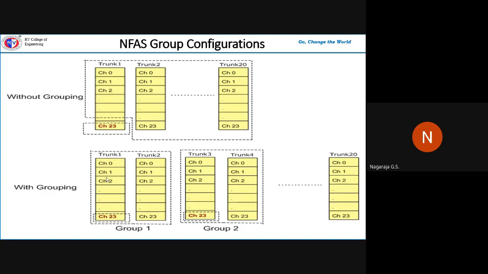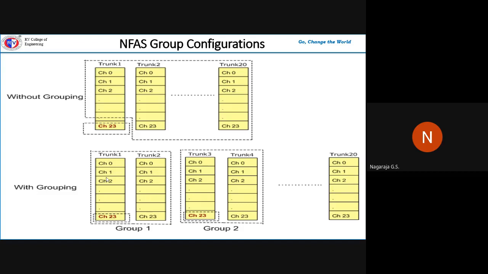Similarly, with grouping, we have trunks starting from trunk 1 to trunk 20, and trunk 1 and trunk 2 you can pair as group 1. Similarly, group 2, and it goes on for the available number of groups.